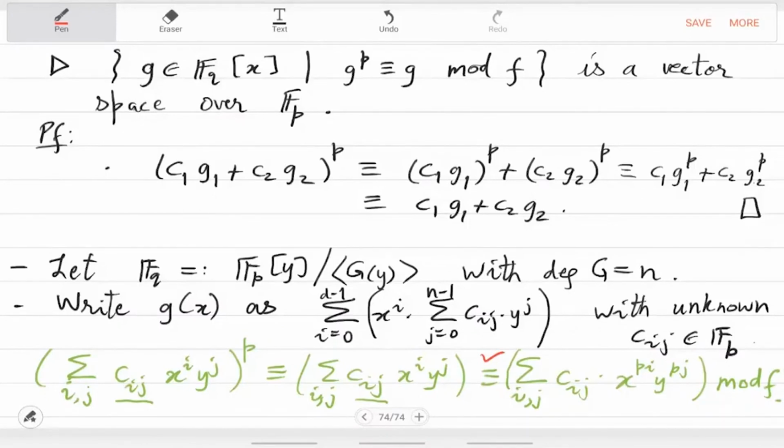The dimensions are not very large, so you just solve this. You solve this linear system, find a basis, that is your solution space of G. So you have actually found all the G's. And amongst all the G's, you just pick something that is non-constant. Okay, so that is the full Berlekamp algorithm.